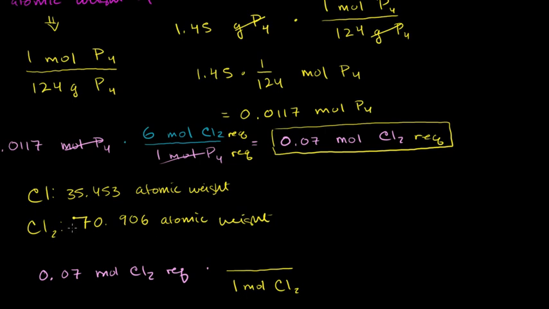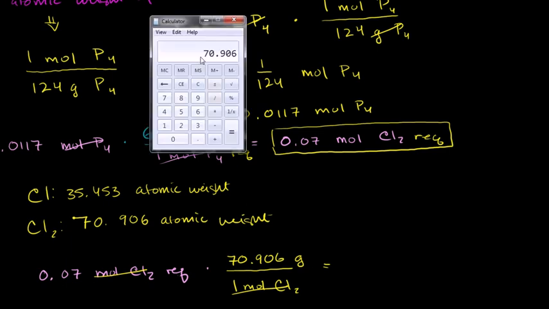Well, if the atomic weight of chlorine gas is 70.906, that means 1 mole of it is going to have a mass of 70.906 grams. We have 0.07 moles. So we'll multiply 0.07 times 70.906 to figure out how many grams we have. And the units cancel out. We have moles of chlorine gas, moles of chlorine gas. And we're just going to have grams required.